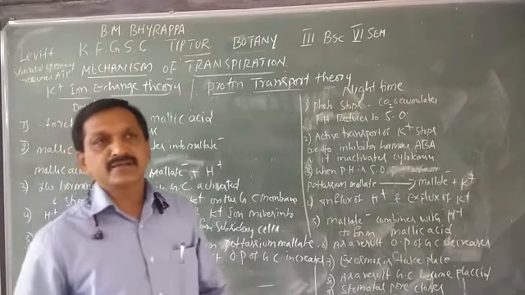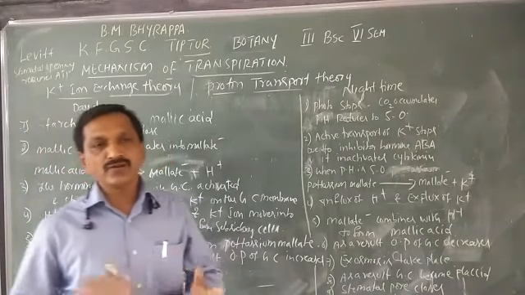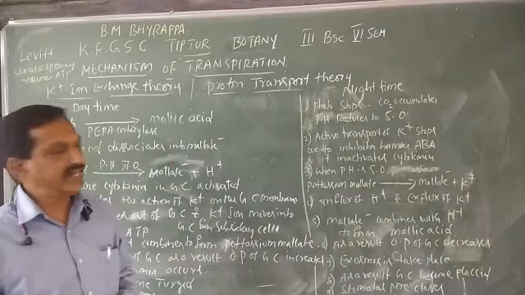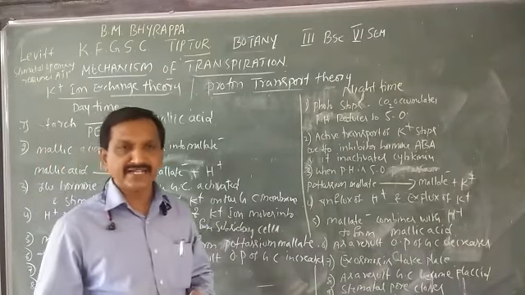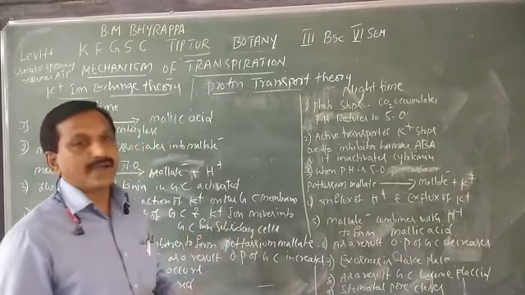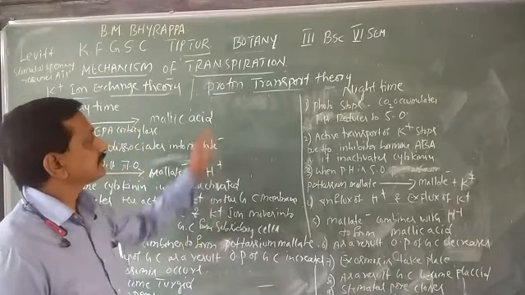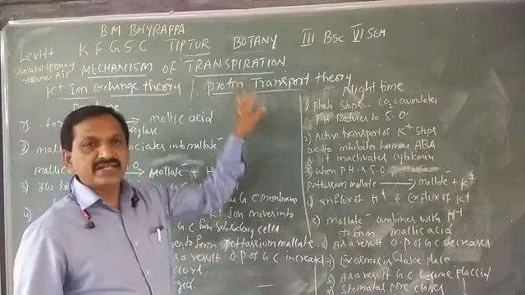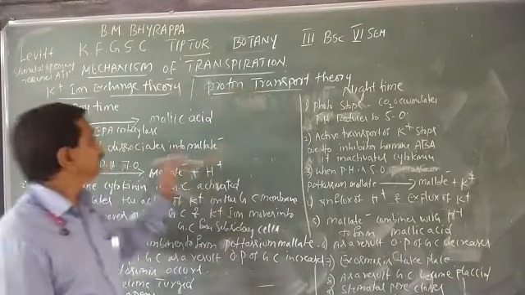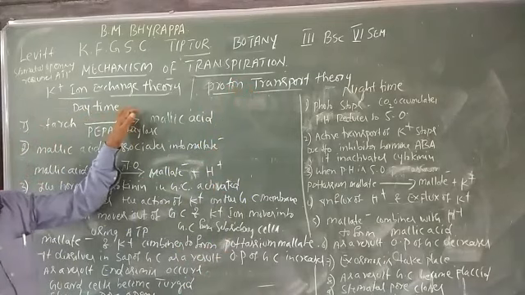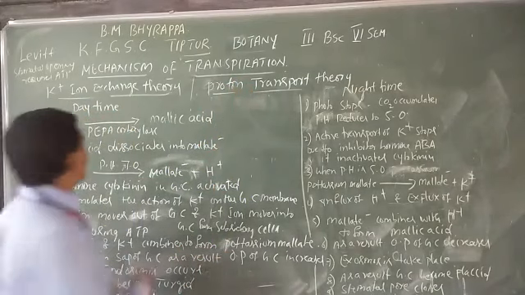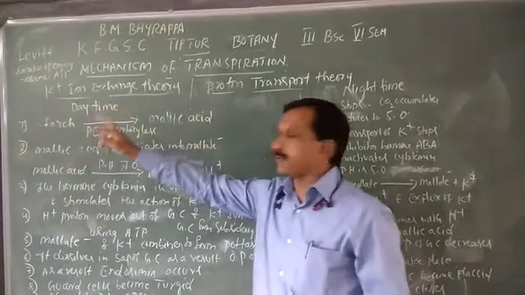According to this proton transport theory, the following changes take place during the daytime as well as the night time in the guard cells. They are listed as below. During daytime, photosynthesis takes place.